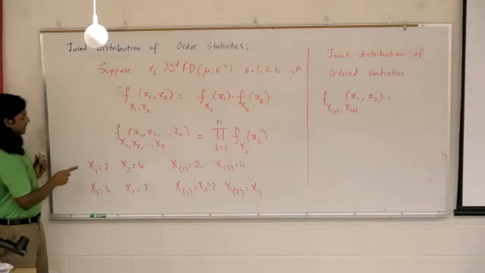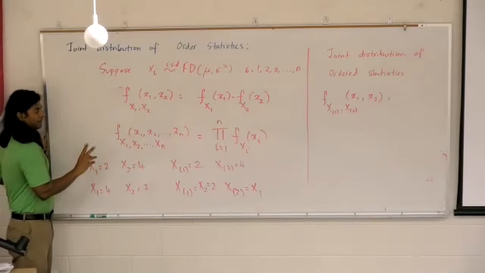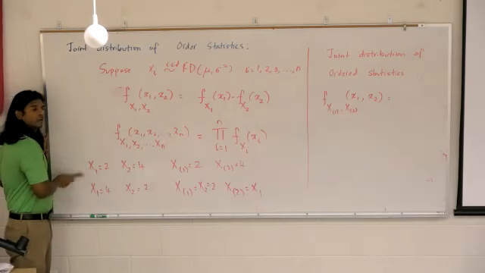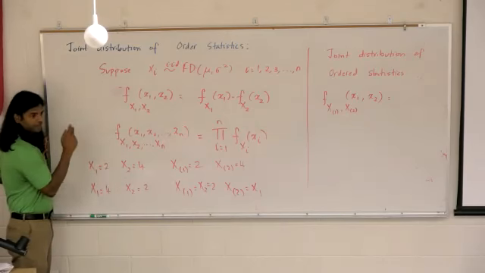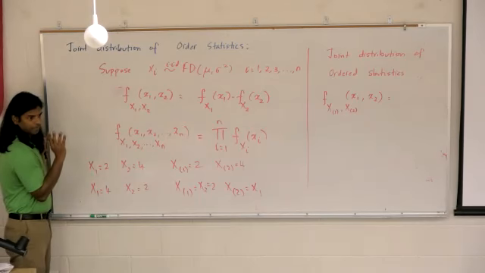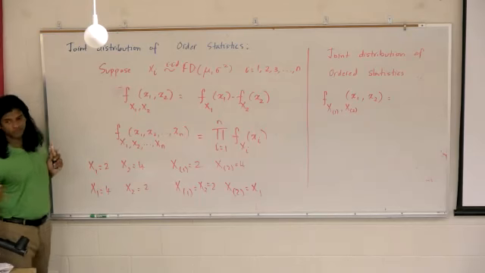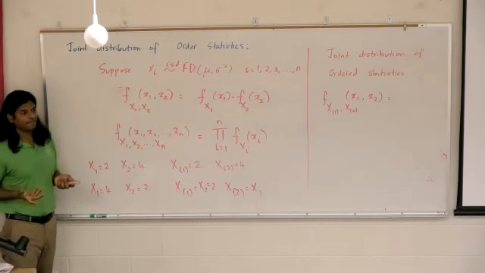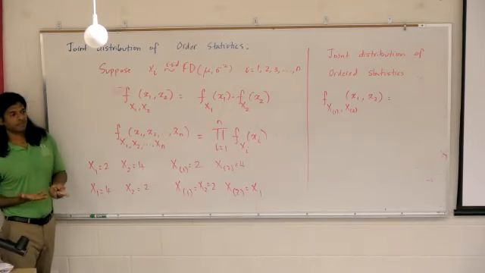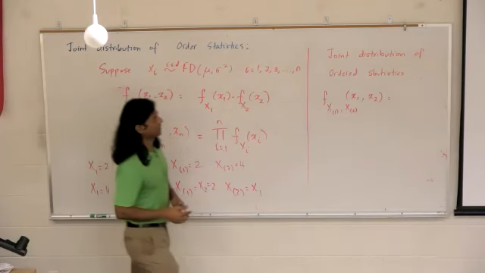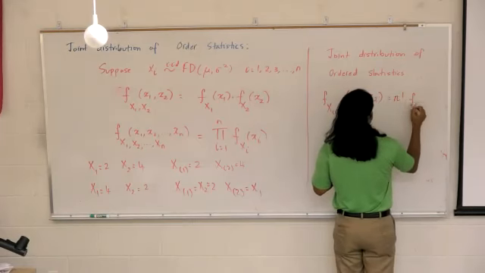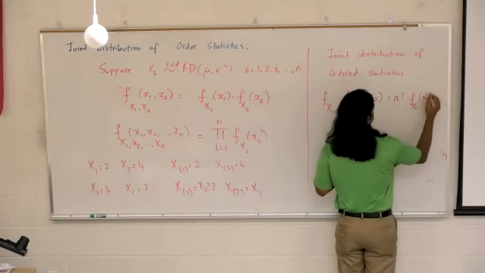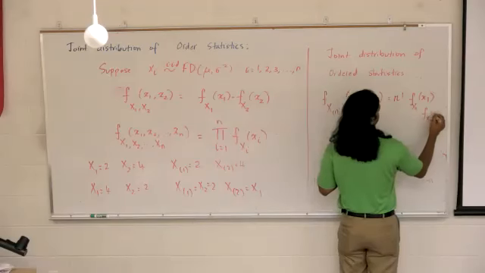No, we want all possible orderings of values for x1, x2, all the way up to xn. But what are all the possible orderings that you could have? How many orderings are possible? n factorial. So have n factorial times f of x1, x2. Okay.